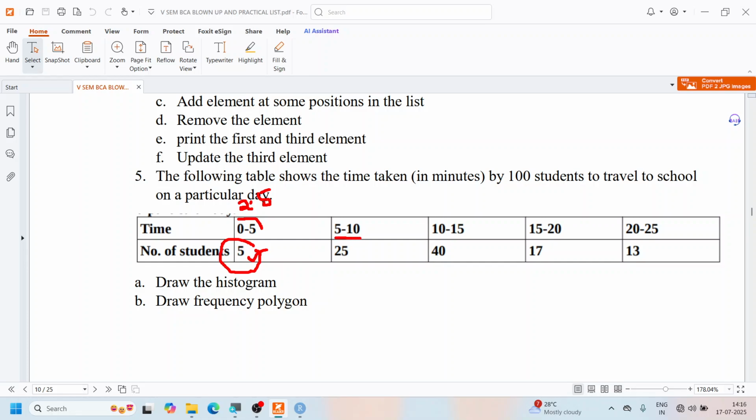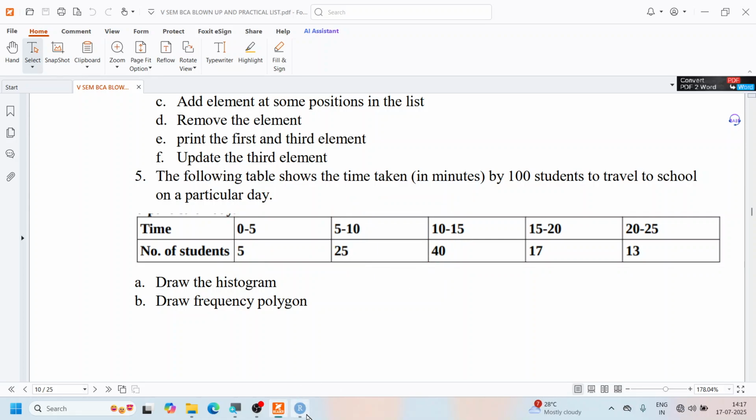Similarly, what is the midpoint of this 5 and 10? It is 7.5. So I will take this 7.5 and repeat it 25 times. What is the midpoint of 10 and 15? 12.5. So I get this 12.5 and I will repeat this 40 times.